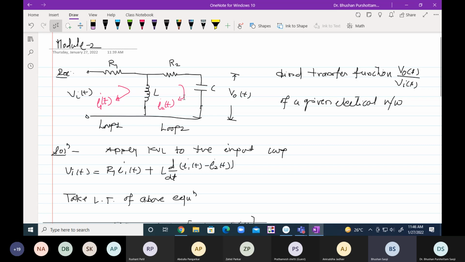The current of loop number 2 is I2 of t. The current flowing through the inductance becomes I2 of t minus I1 of t.